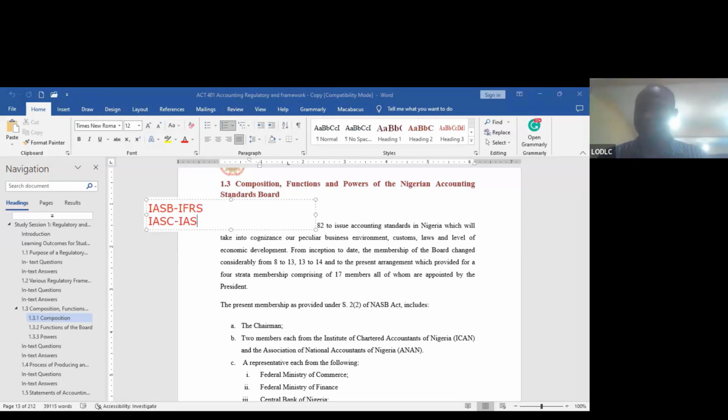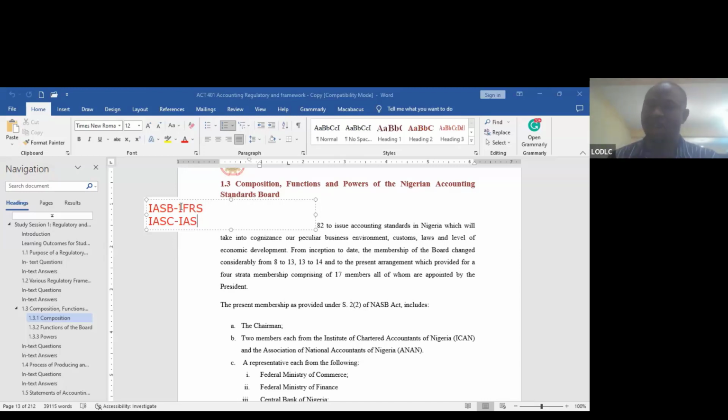So before the advent of IASB, we had IASC, the International Accounting Standards Committee. They are the ones responsible for producing the International Accounting Standards, IAS. If you see IAS 1, IAS 2, IAS 7, IAS 11, all these IAS, the work of what?